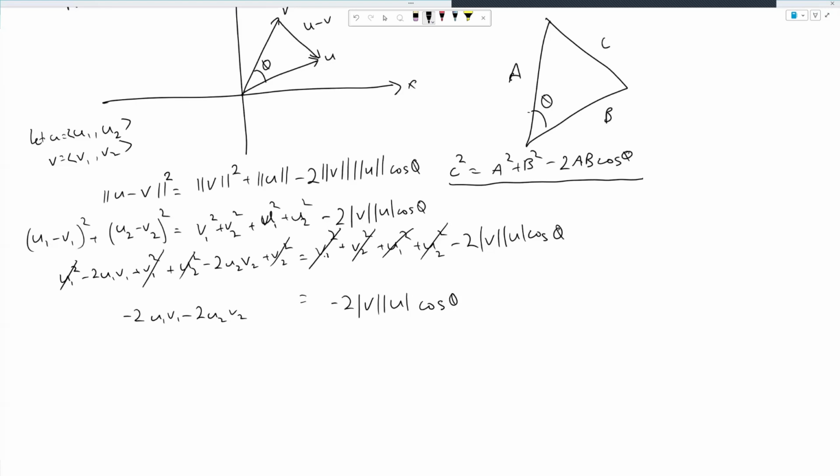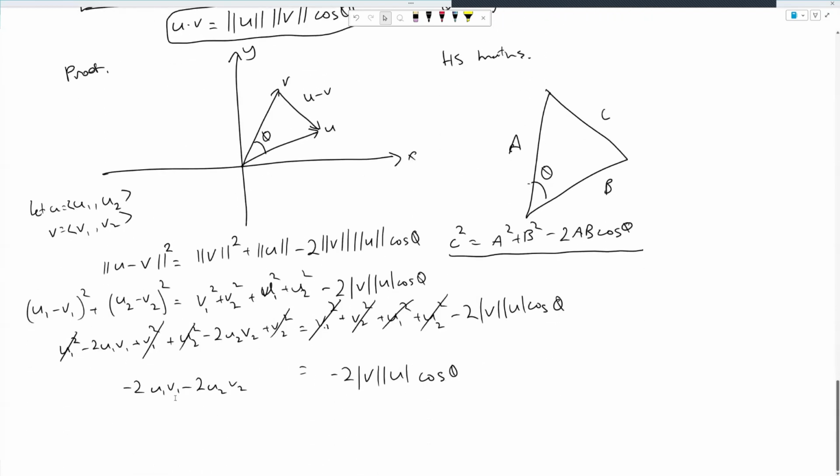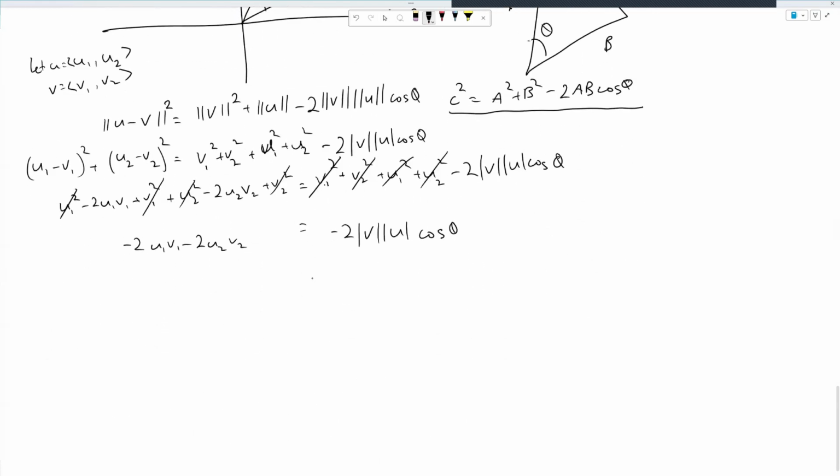And now that's really looking like something we need to prove, isn't it? So this is equal to this. That's looking really close right now. And then let's take out the minus 2 here. Minus 2 times u1 v1 plus u2 v2 is equal to minus 2 vu cos theta.